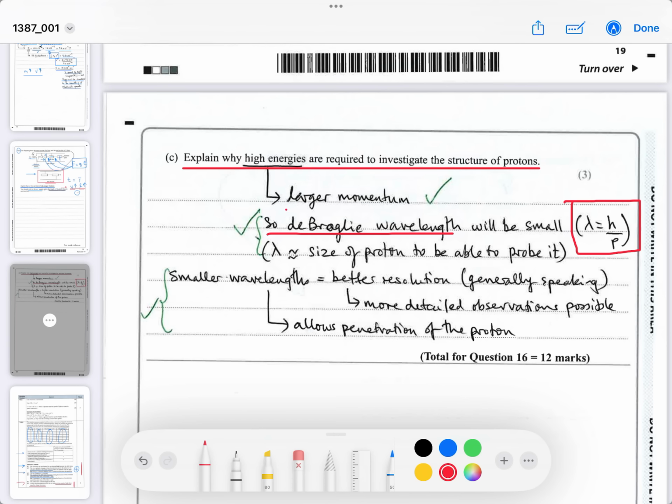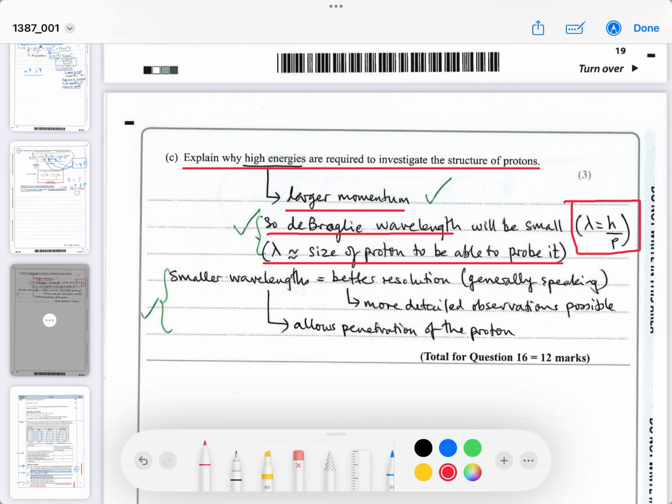So if they have high velocities, high energies, they will also have larger momentum, and larger momentum, which is p on the bottom of that equation, means that the wavelength is inversely proportional to the momentum. So the wavelength will become small, and it will be approximately the same size as a proton or smaller to be able to probe it, yes?